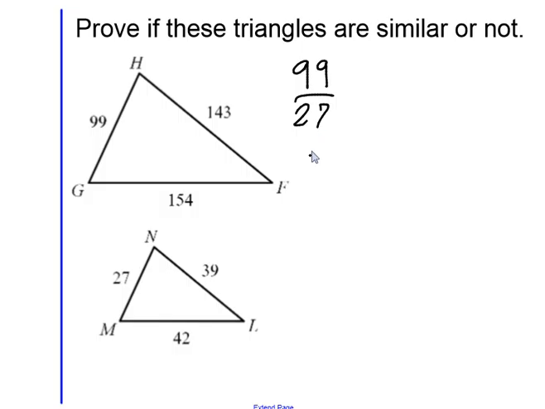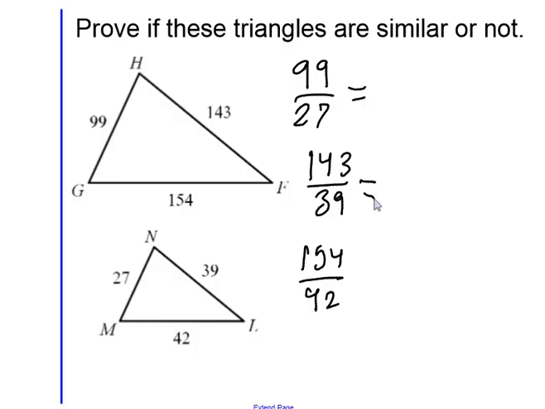My next one is going to be 143 over 39. And then my last one is going to be 154 over 42. We're going to see what each of these equal. If the scale factors are all the same, then these actually were similar shapes.